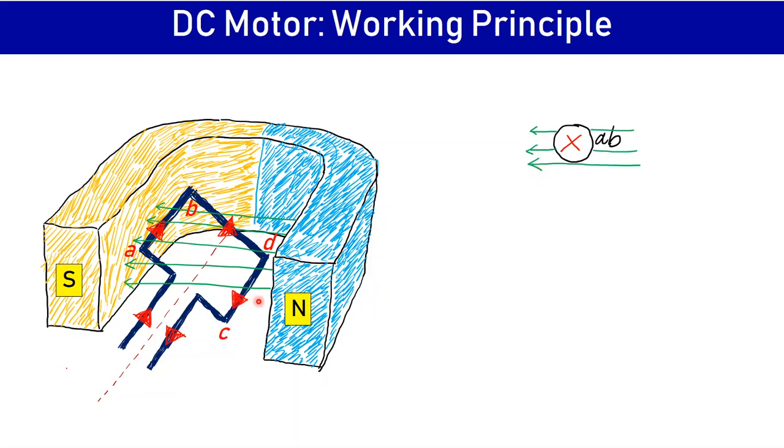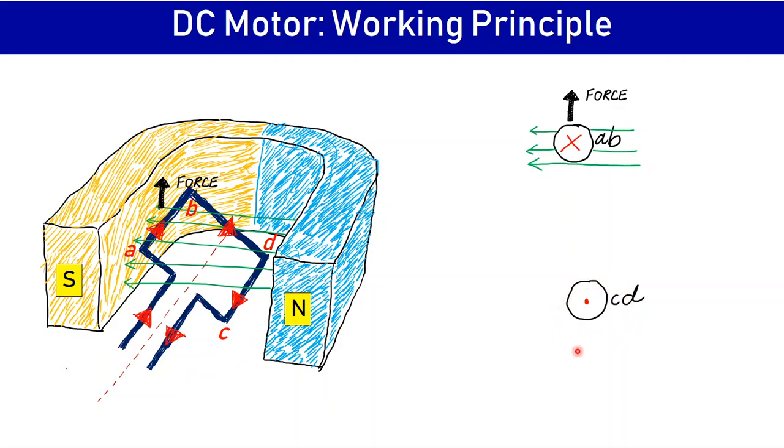The field is from right to left, so I have shown it here as right to left. And now if we apply Fleming's left hand rule, we see that the force will be upwards. So I am showing this force here, which is upwards. Similarly, for this conductor CD, when we see from this point, the current comes towards us.